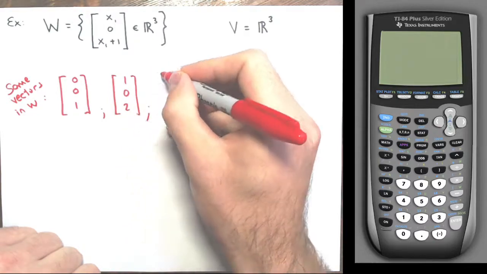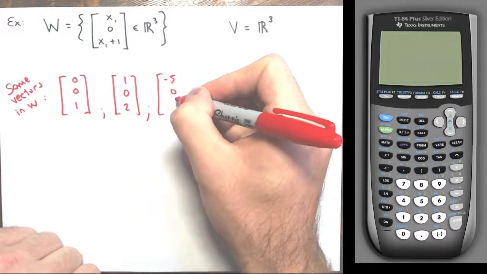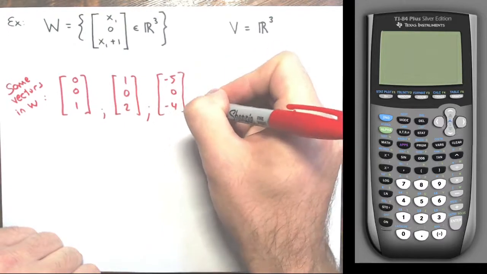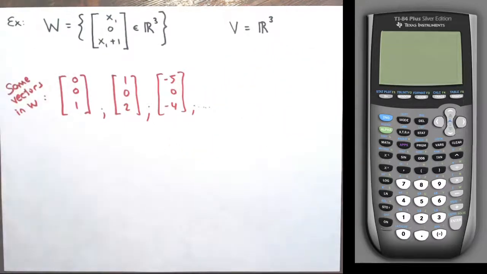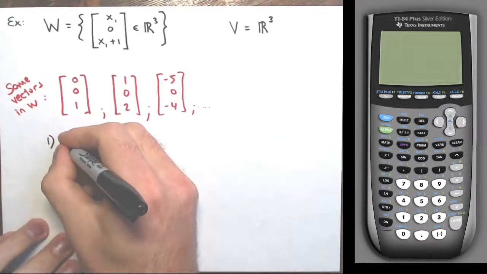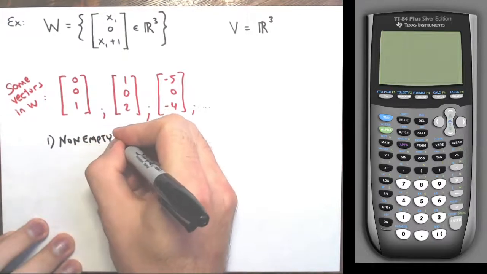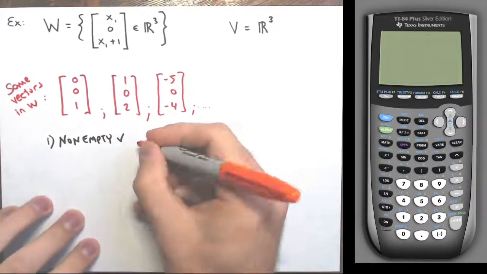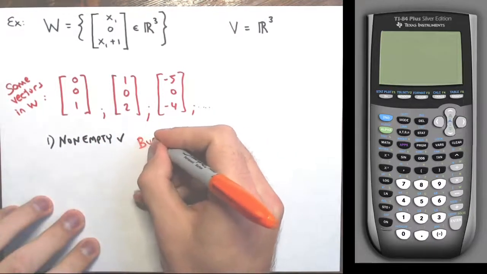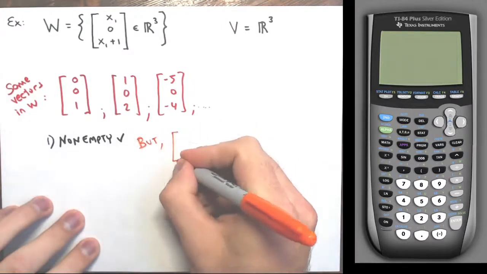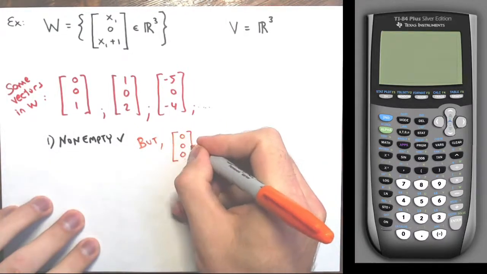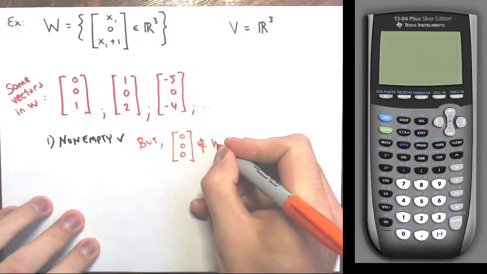Also -5, 0, -4. All these are in W, so it is non-empty. It's got some vectors in it. Check.